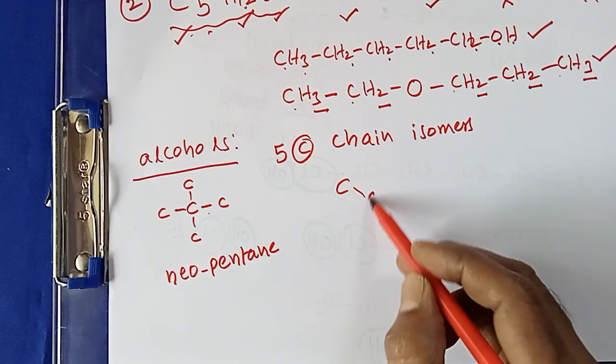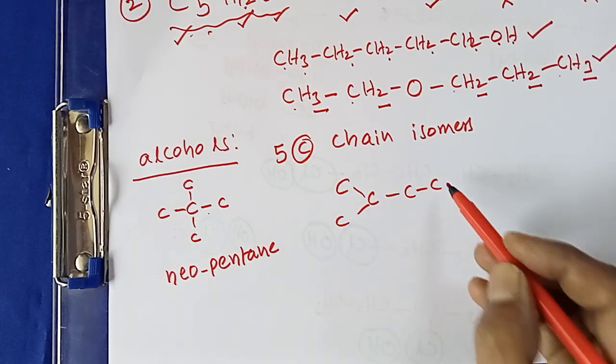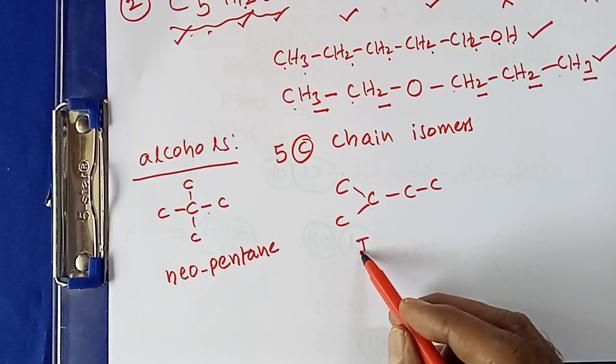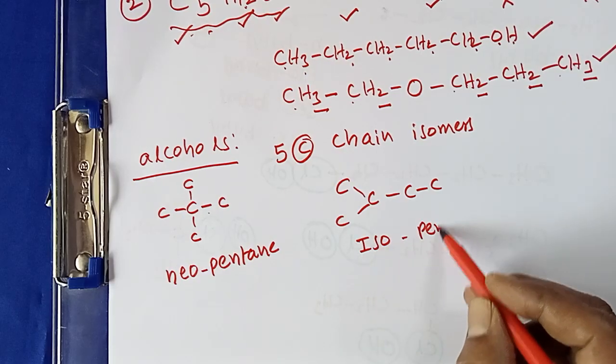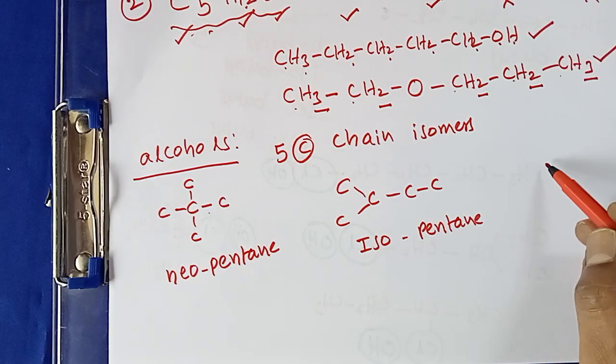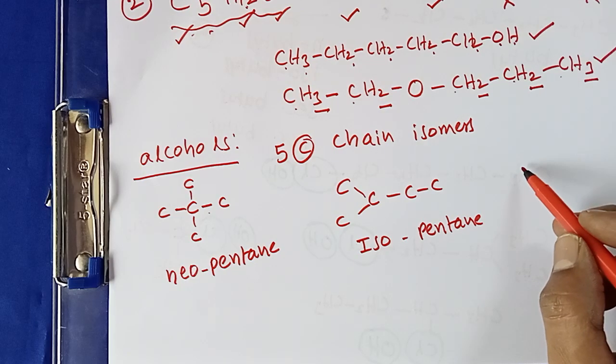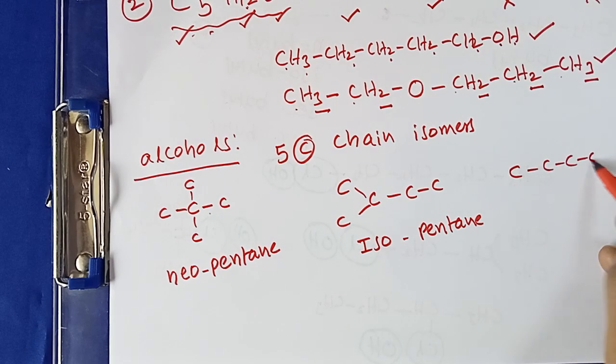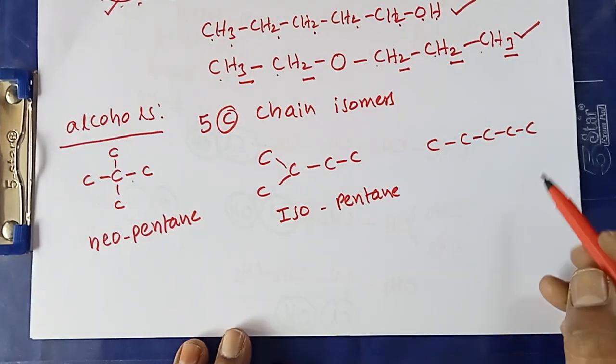Next one is what? Isopentane. You remember this formula. Next one, n-pentane. n-pentane means straight chain.